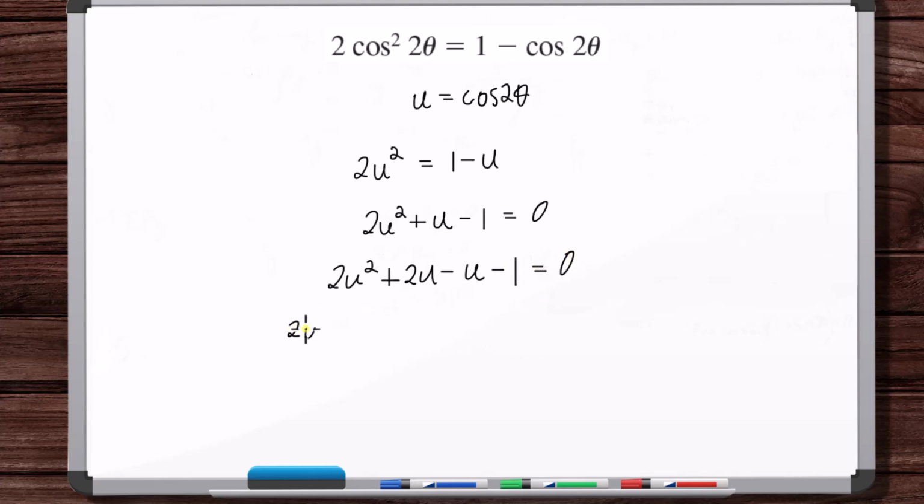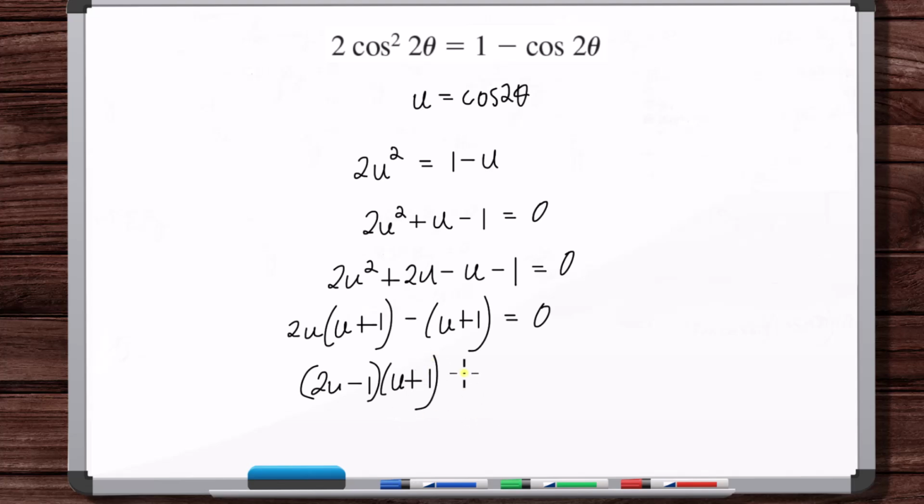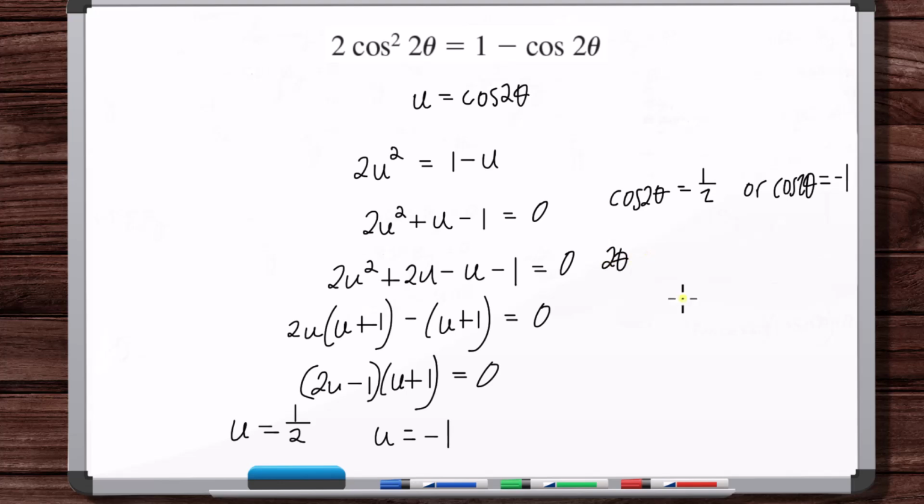Okay, so now, so u is equal to 1/2, u is equal to -1. So, okay, we've got cosine of 2 theta is equal to 1/2, or cosine of 2 theta is equal to -1. So 2 theta is equal to inverse cosine of 1/2, or 2 theta is equal to inverse cosine of -1.